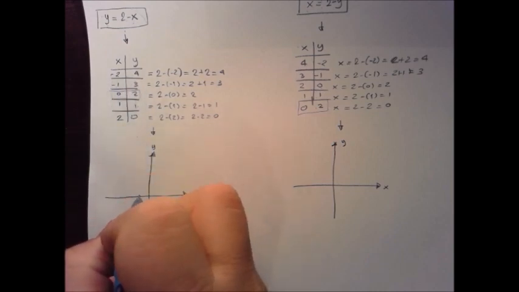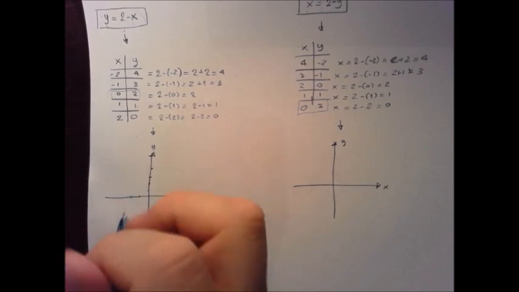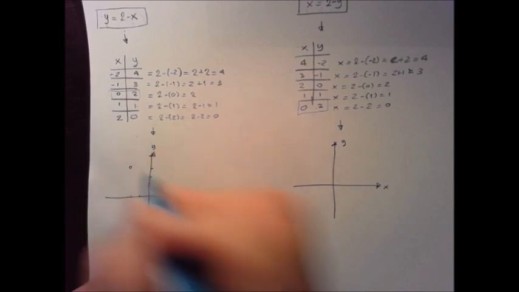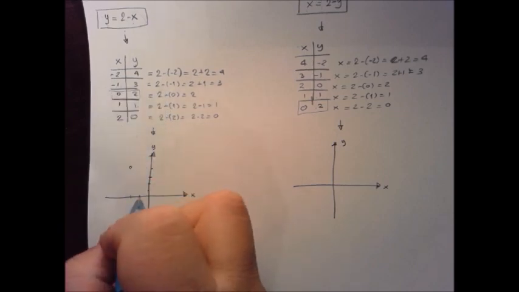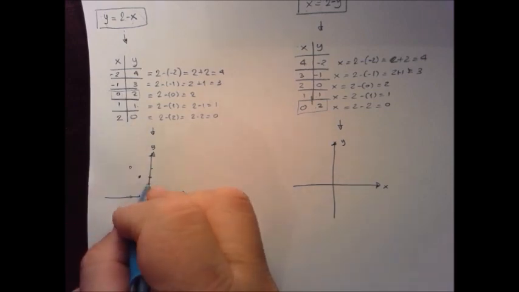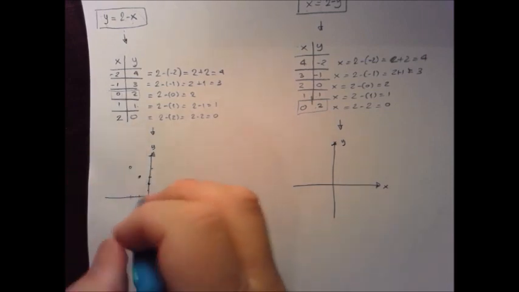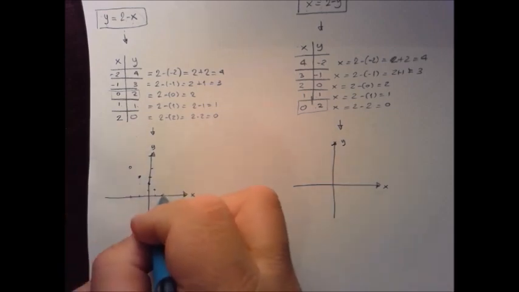It's going to be 1, 2, negative, 1, 2, 3, 4. Okay, so it's going to be this. Second point, -1, 3. -1, 1, 2, 3 over here. 0, 2 is this one. 1, 1 is going to be this one. And 2, 0 is going to be this one.